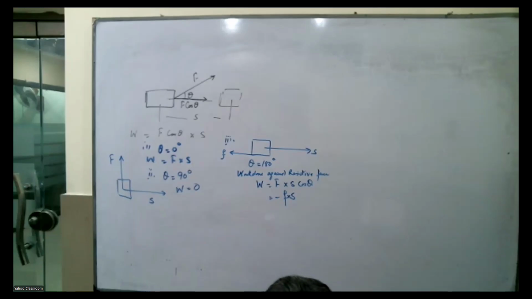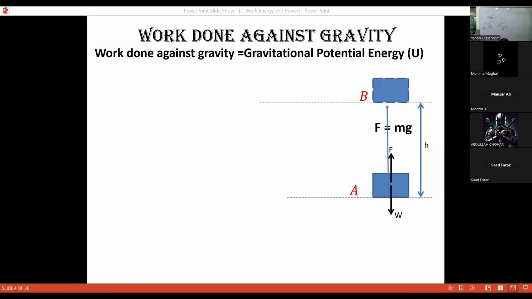Okay. Next is work done against gravity. Work done against gravity means that we are moving the object vertically upward. We also call this gravitational potential energy. The formula is again the same, F into d. In this case, the minimum force will be your weight and the distance will be your vertical height.